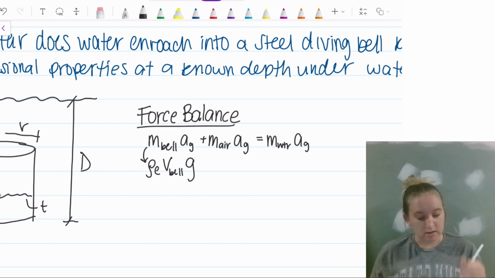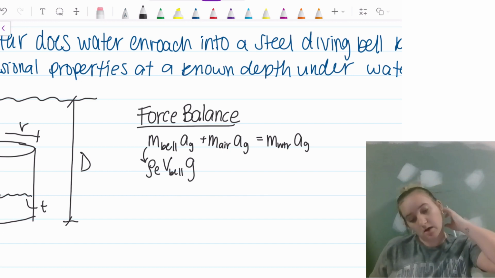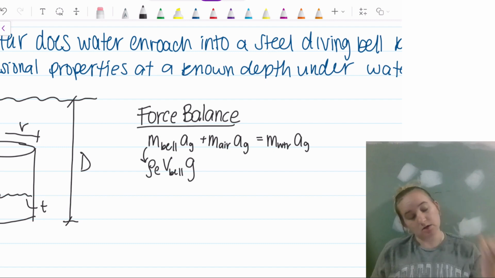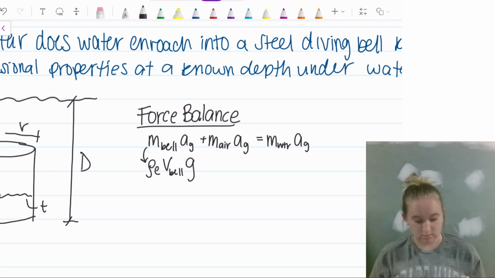And then we're going to have the mass of the air, which will depend on density. But our density of air is going to change, and it's going to be given by the ideal gas law. So we'll write rho air is equivalent to PM over RT.